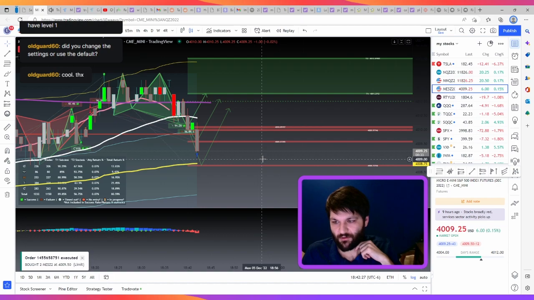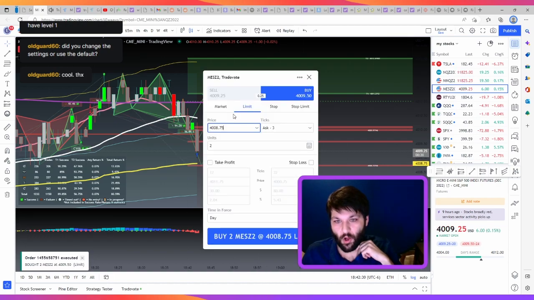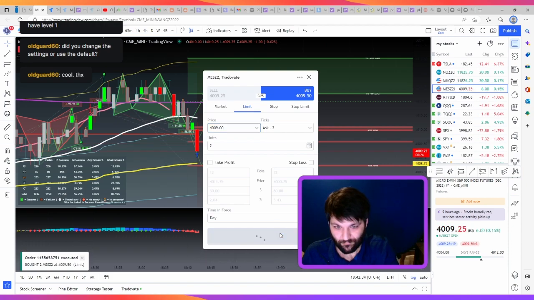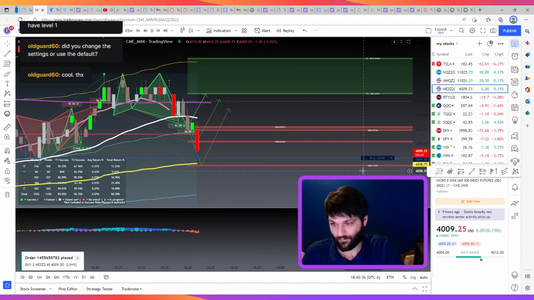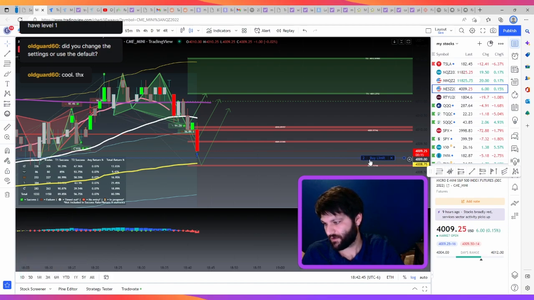Okay. So now what we're going to do is we're going to do 2 longs at 9, okay? Because our VWAP is right here at 875. So buying 2 longs at 09 is not a bad look.